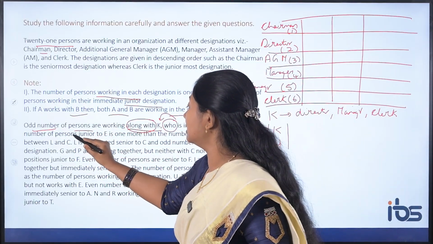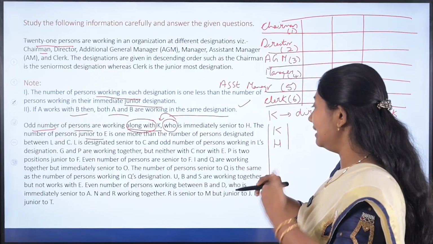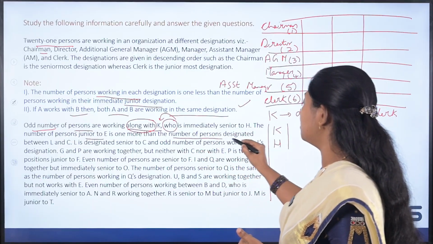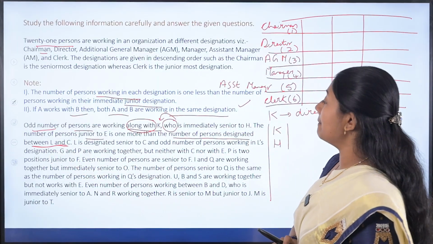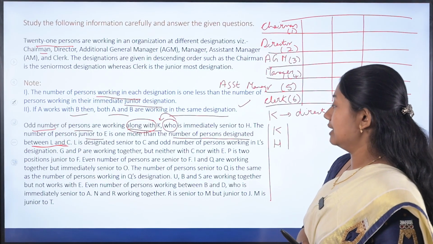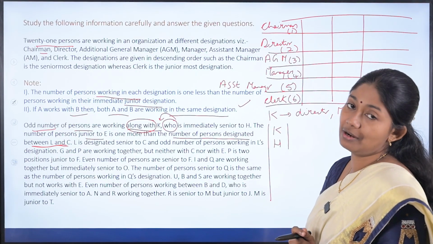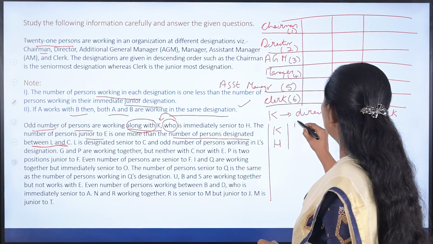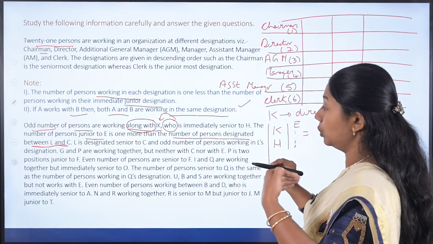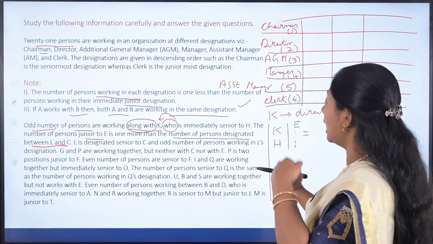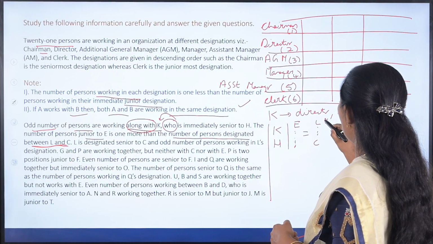The number of persons junior to E is 1 more than the number of persons designated between L and C. So L and C, how many persons are there?